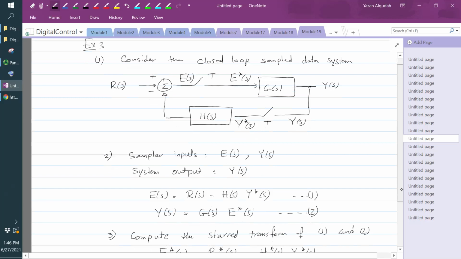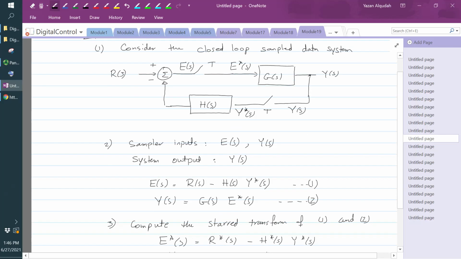Applying the steps we just mentioned, the sampler's inputs are the signal E and the signal Y of S. The system output is Y of S, and therefore we can write E of S is equal to R minus H multiplied by Y star. The system output Y of S is equal to G multiplied by E star.